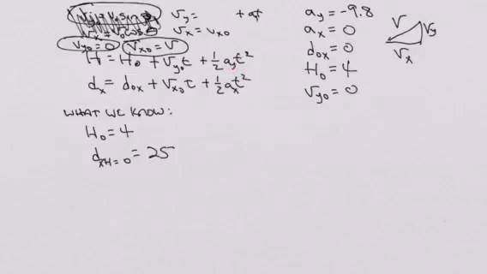So I can rewrite this equation and say that h equals 4 plus, this goes to 0, this is negative 9.8, negative 9.8 t squared.